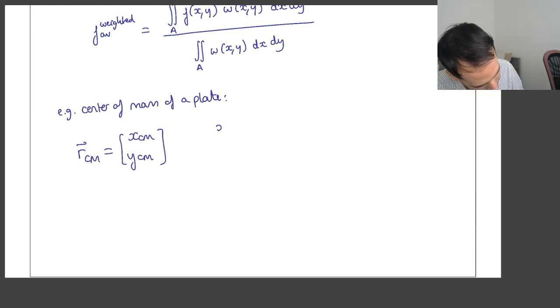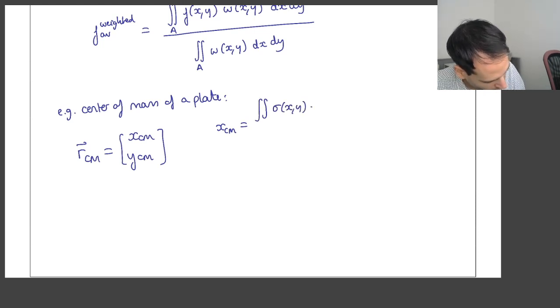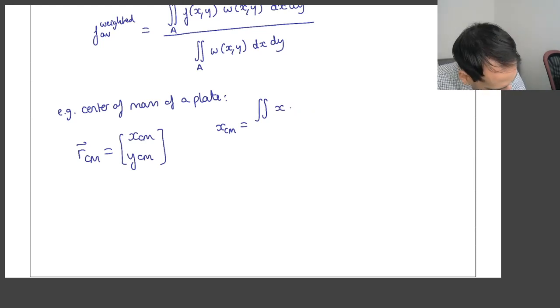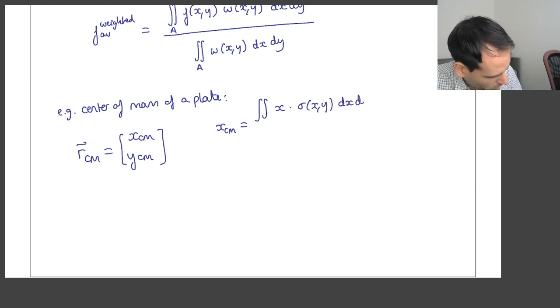So the center of mass in x is the weighted average of the x position, that's the quantity we want to average, weighted by the density with respect to x and y, divided by the double integral of just the weights, which are the density.